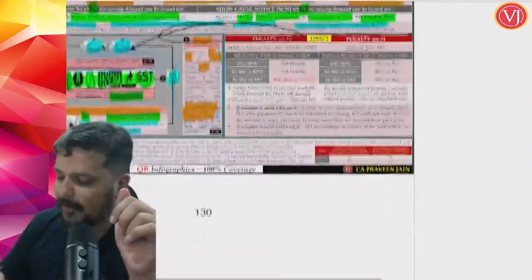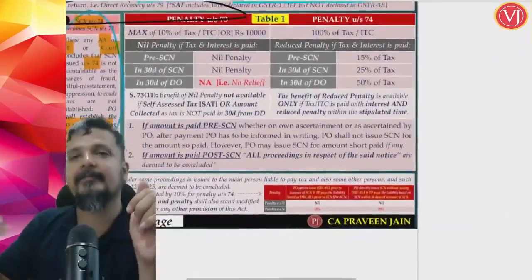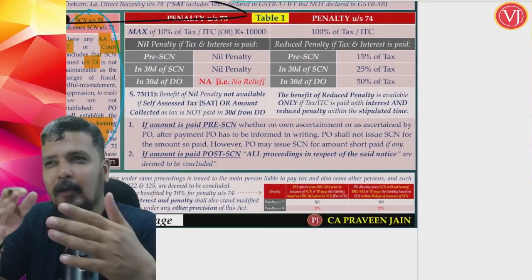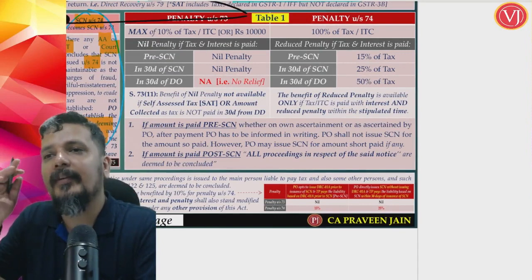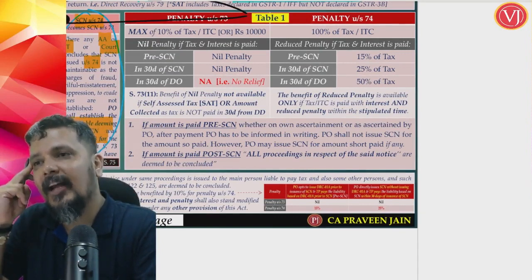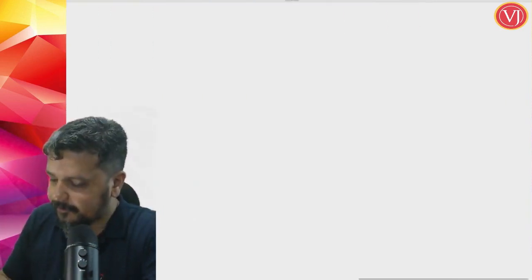Now, all the other small aspects, and more importantly, the penalty aspects. This is 73, 74, all the important aspects we have discussed except for the penalty aspect. So what will happen with your penalty? Please understand that for understanding penalty, you split your timeline into 4 cases.